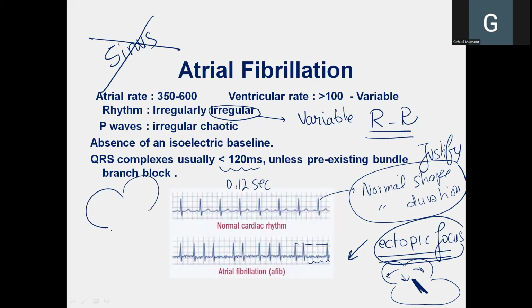Because when you have a bundle branch block, this means that the AV node, instead of conducting the impulses equally across the right bundle branch and the left bundle branch, which are very specialized cardiac tissues that conduct rapidly as if they were nerves, when one of them is damaged, the impulses would be very rapidly transferred here, and here it would be slowly transferred.